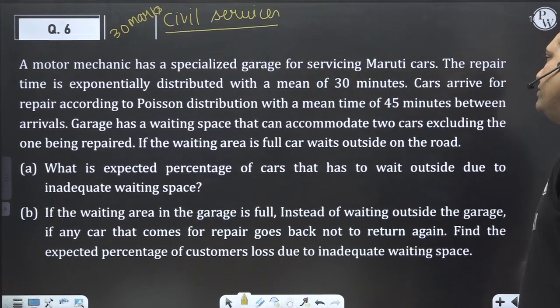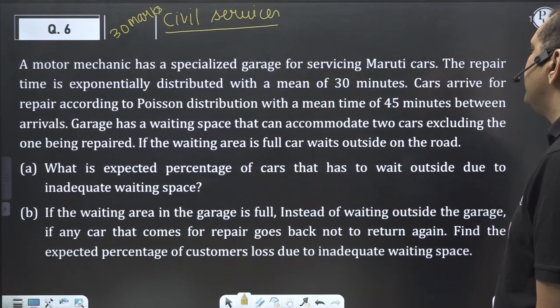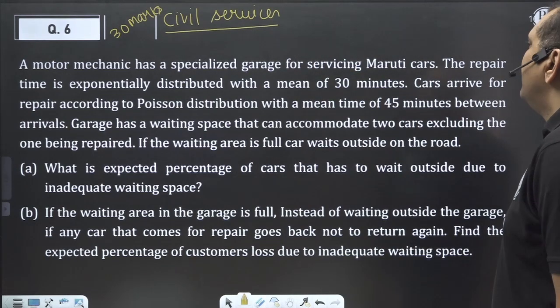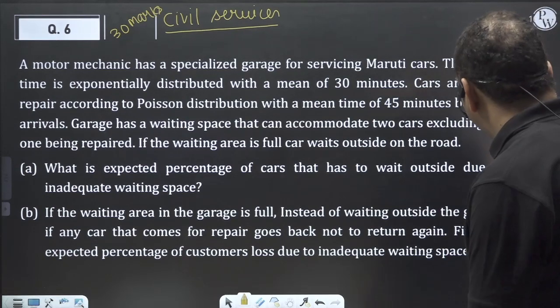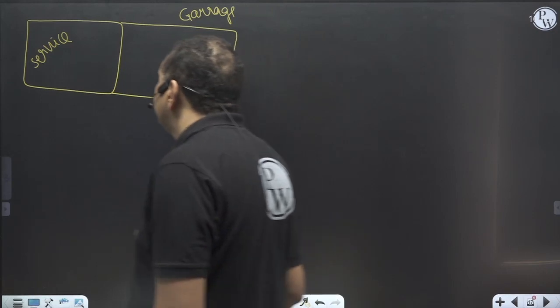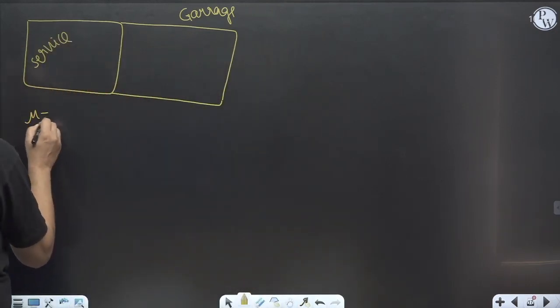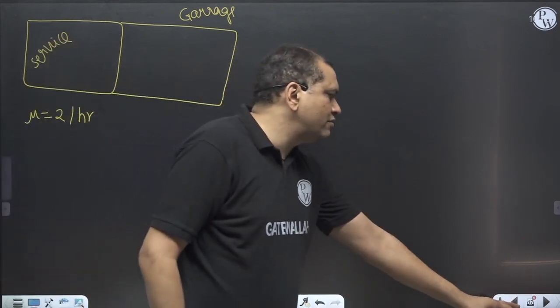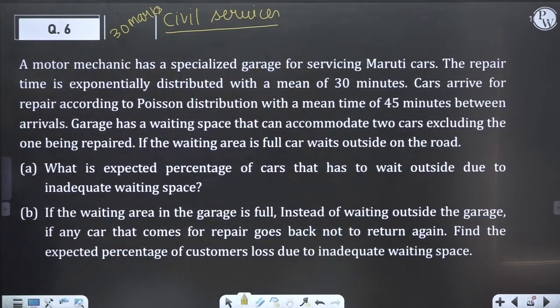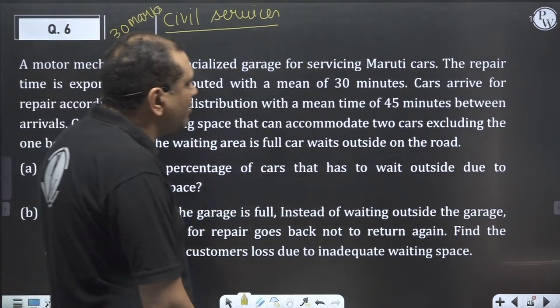A motor mechanic has a specialized garage for servicing Maruti cars. The repair time is exponentially distributed with a mean time of 30 minutes. Mu is 2 per hour. Convert everything into the same unit. Cars arrive for repair according to a Poisson distribution with a mean time of 45 minutes.